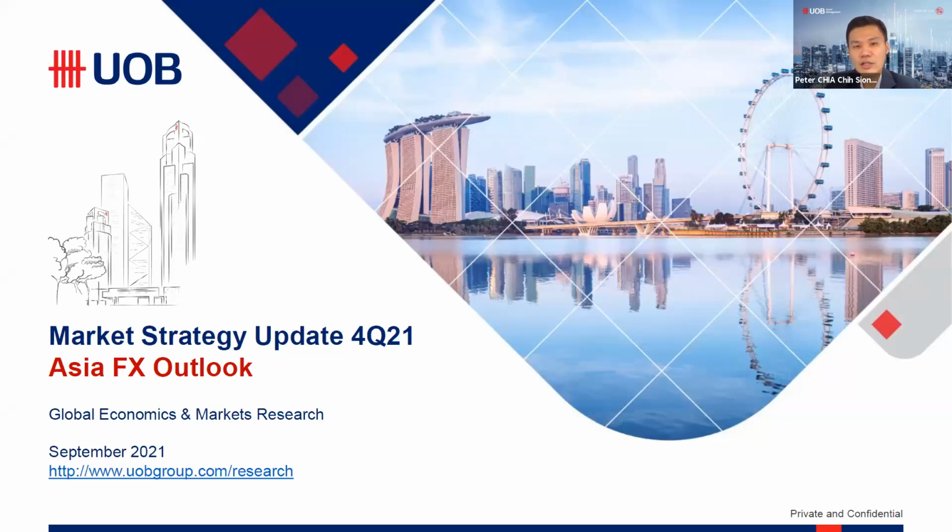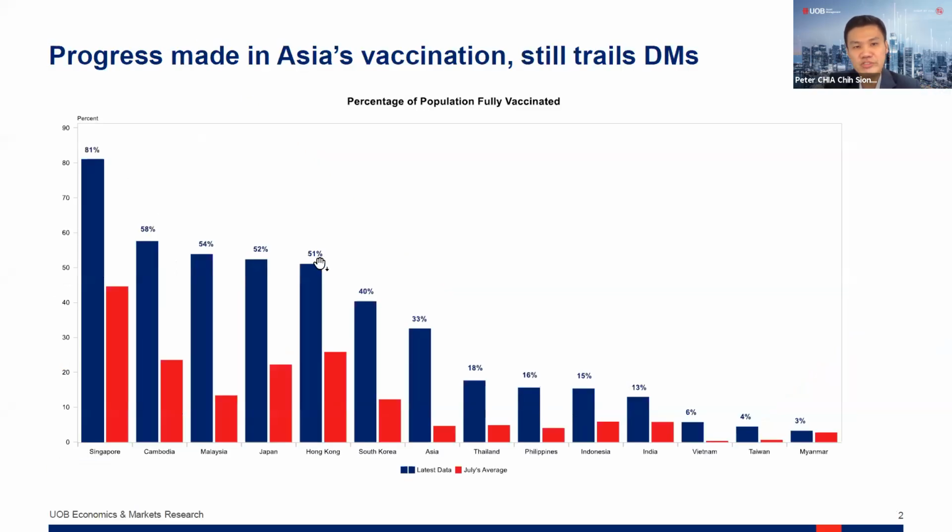So let's move on to the first one, virus risk. This chart is all about vaccination, because to contain the COVID virus, vaccination is seen as one of the key factors. In the middle part of this chart, you can see the progress of Asia as a whole.